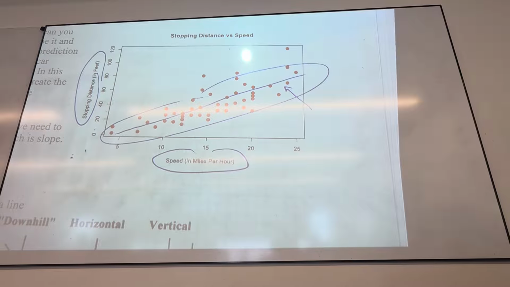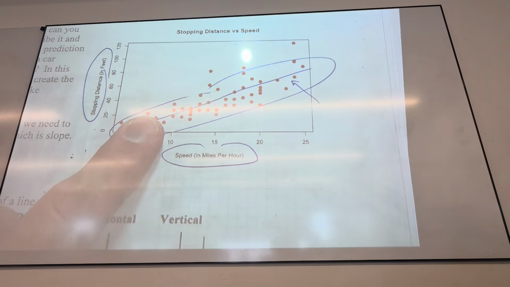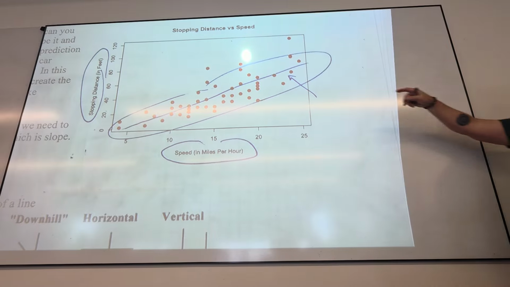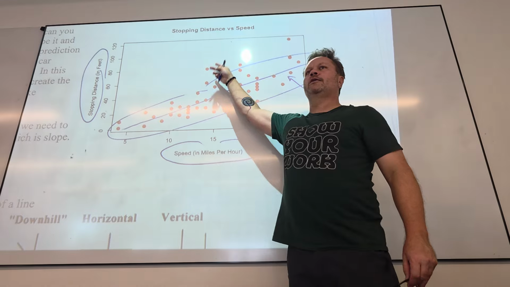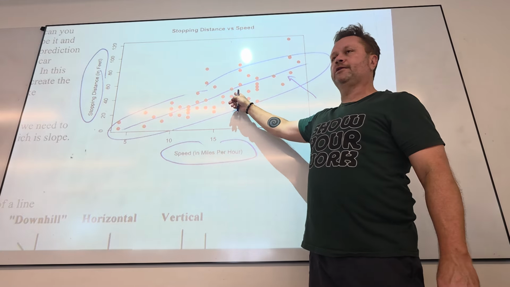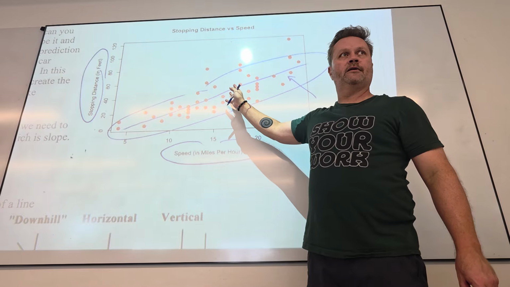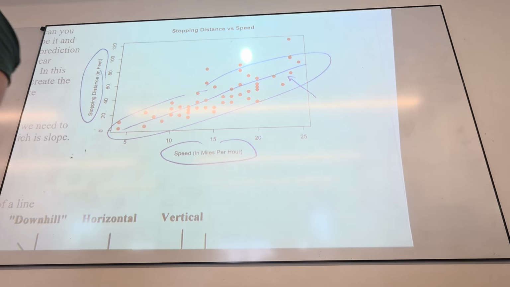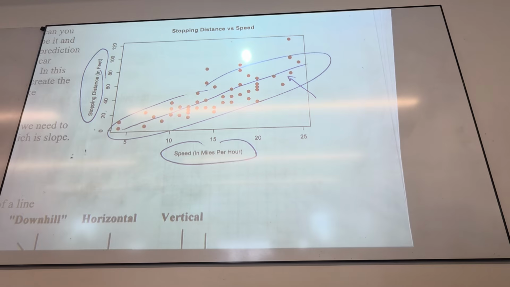Okay. How would I improve the data? Make it more reliable? I'm assuming this is a lot of different kinds of cars. What if I just had one kind of car? I would expect these points to be less scattered, correct? But I would gain certainty, but I would lose broad applicability.